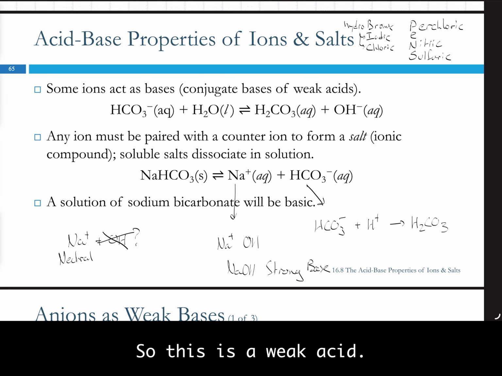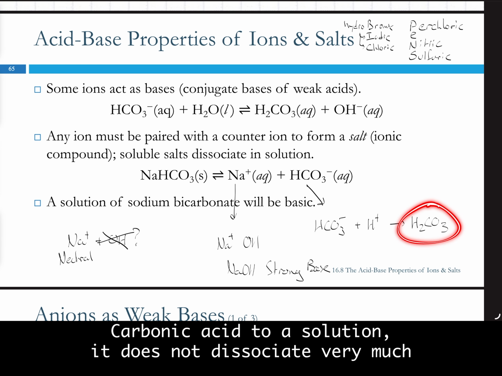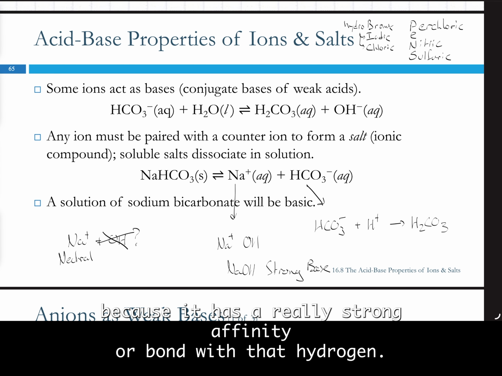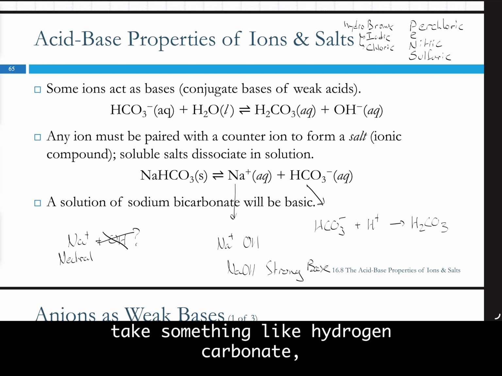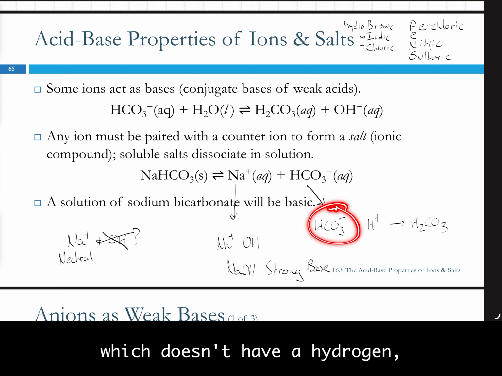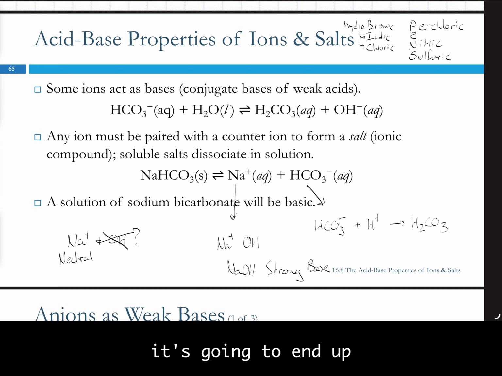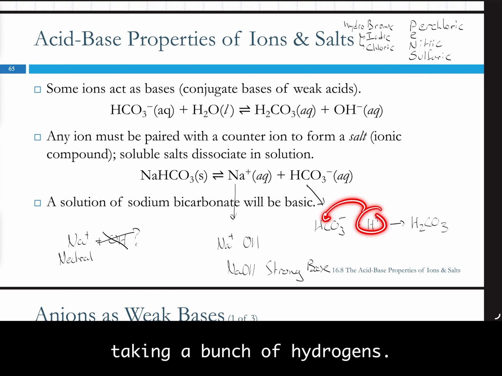So this is a weak acid, which means that when I add carbonic acid to a solution, it does not dissociate very much because it has a really strong affinity, or bond, with that hydrogen. So if I take something like hydrogen carbonate, it's going to end up taking a bunch of hydrogens.